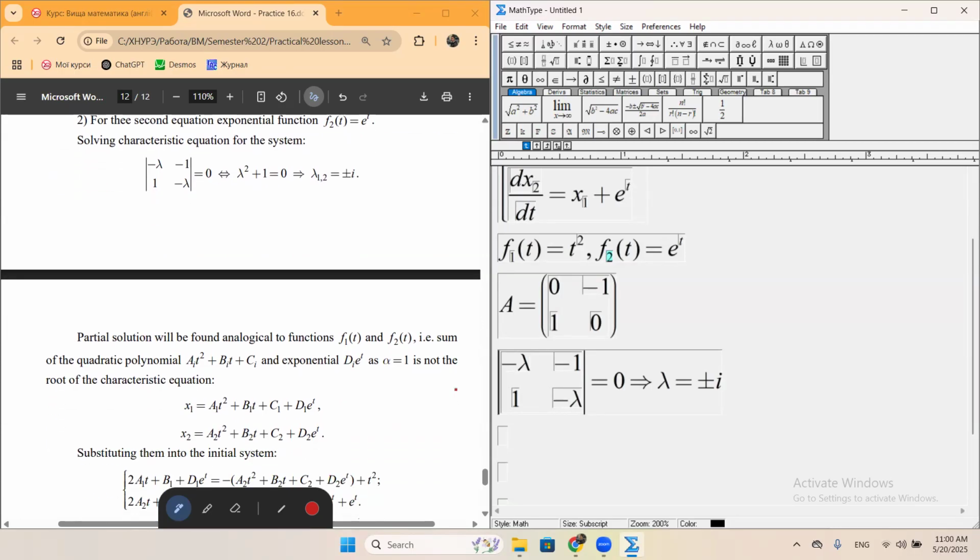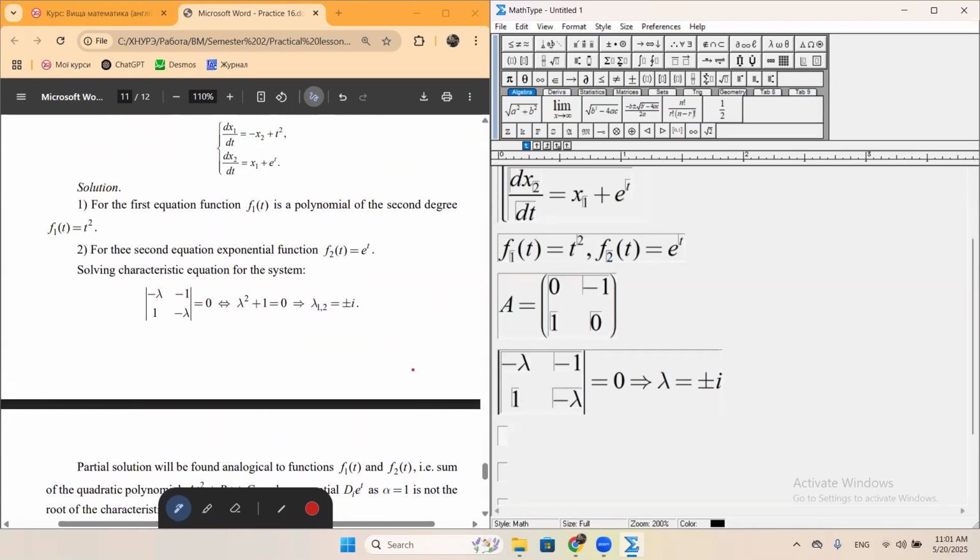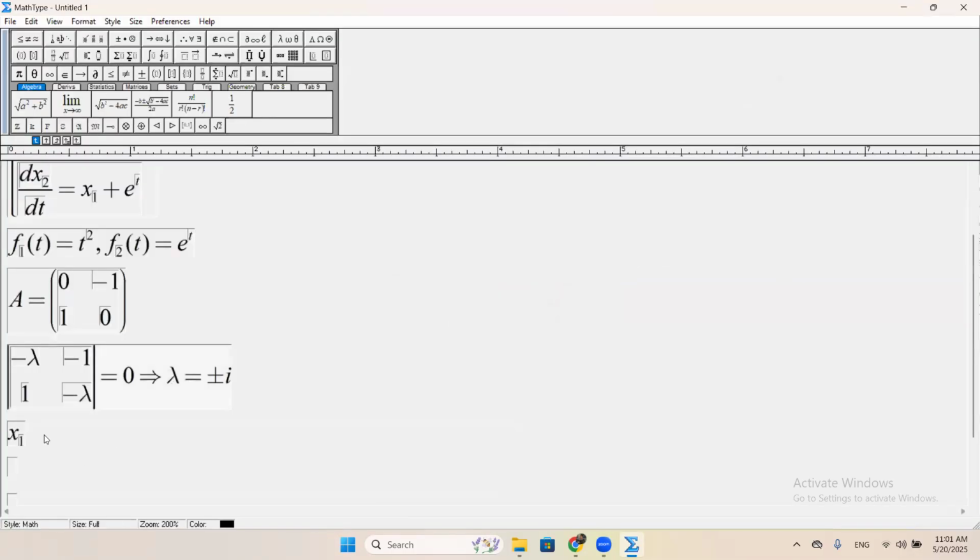Actually, for both of them we will have the sum of a polynomial of the second degree and an exponent.